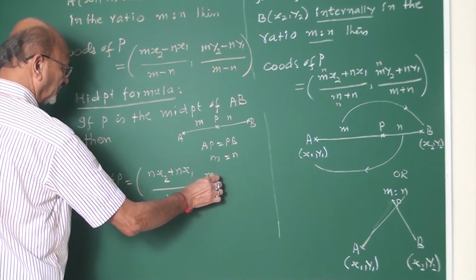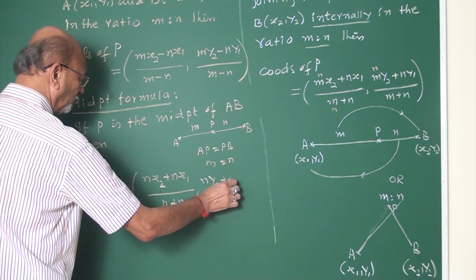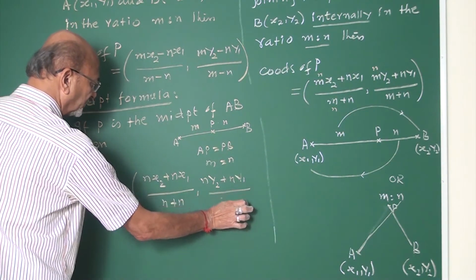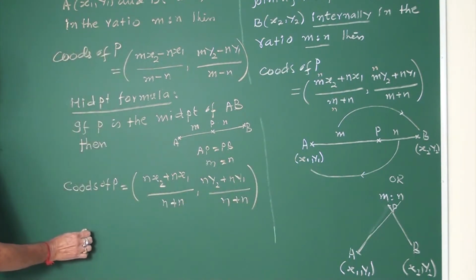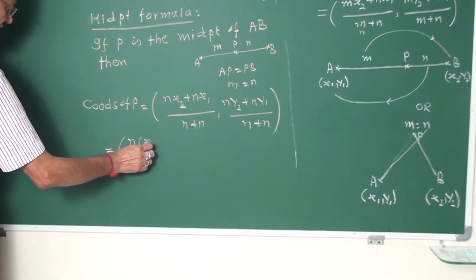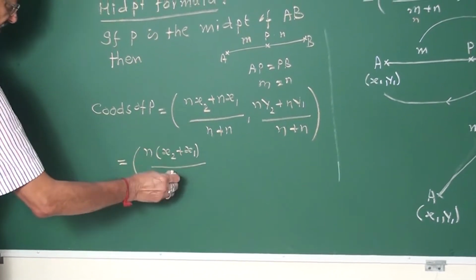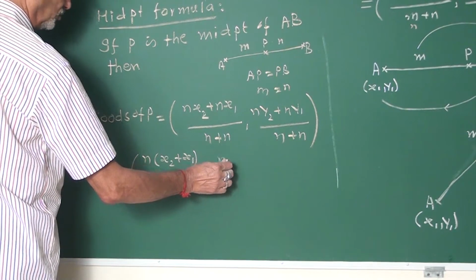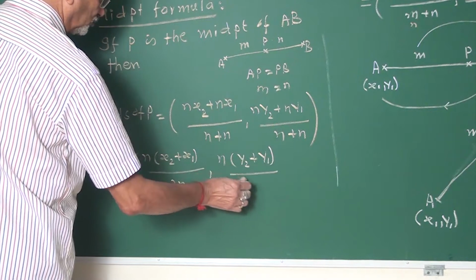Similarly ny2 plus ny1 upon n plus n. n is common, so x2 plus x1, denominator is n plus n, y2 plus y1 upon 2n.